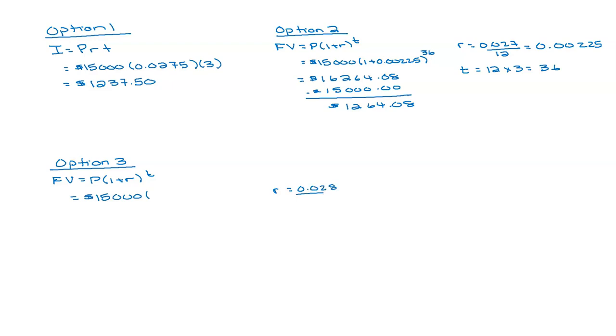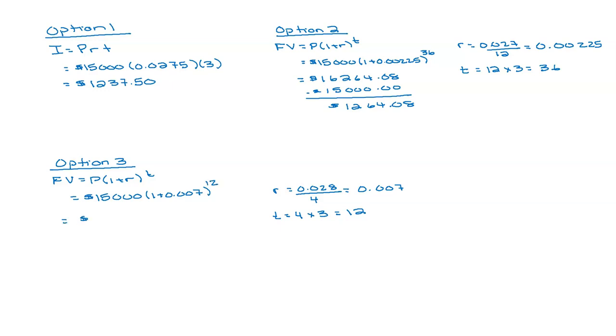So I'll take that and divide it by 4 because it's compounded quarterly, 4 times a year. And that works out to be 0.007. Now in terms of number of compounding periods, it's quarterly, so that's 4 times 3 years, for a total of 12 compounding periods. So now I'll plug those values into the formula.